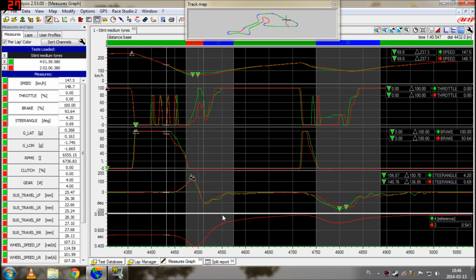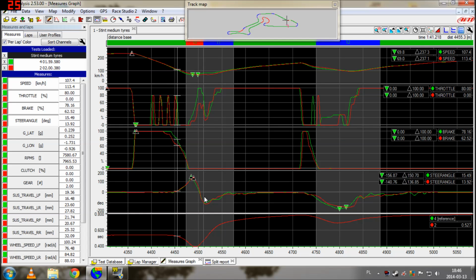But what happens here? Look, I'm full brake on the green lap much longer. That's why I carry more speed again into the corner. The difference is 7 km per hour. And look what happens: from almost half a second, it goes to less than 4/10.